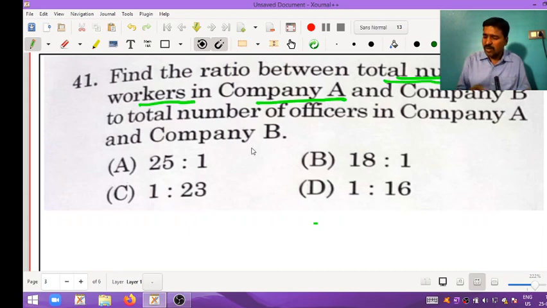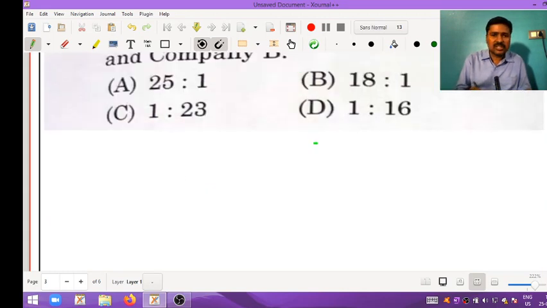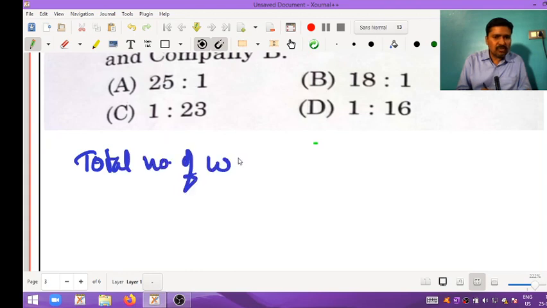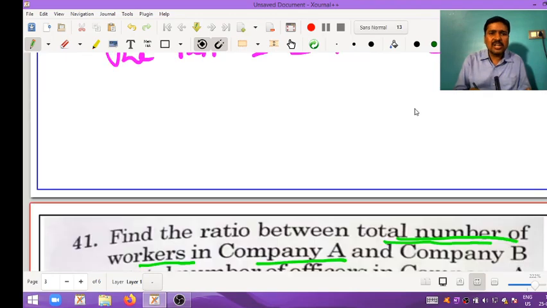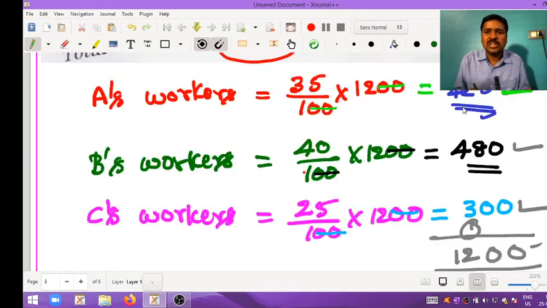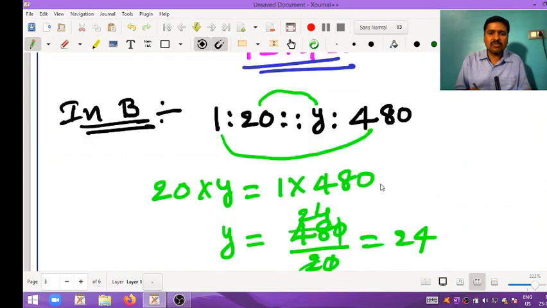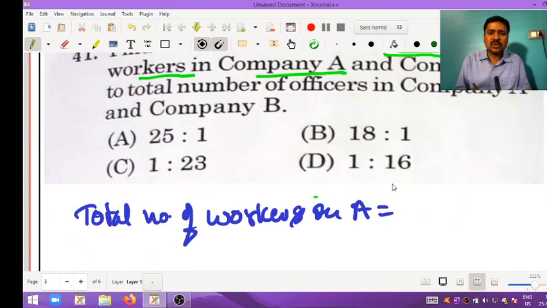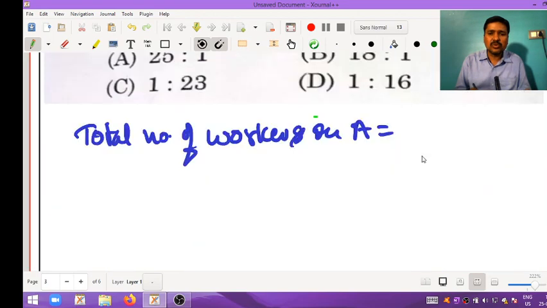Total number of workers in companies A and B. In company A the number of workers is 420, in B 480. So 420 plus 480 is equal to 900.